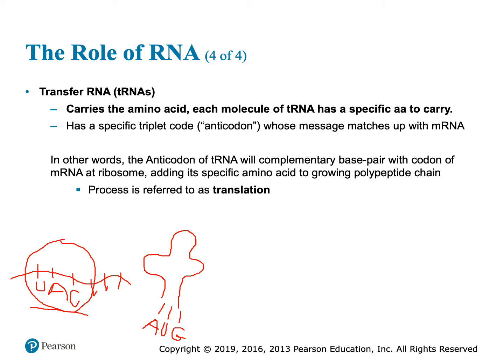So this guy is going to know that he is the right guy because he has the anticodon that matches up with this right here. And what is he going to have? He's going to be carrying, transferring a tyrosine molecule.